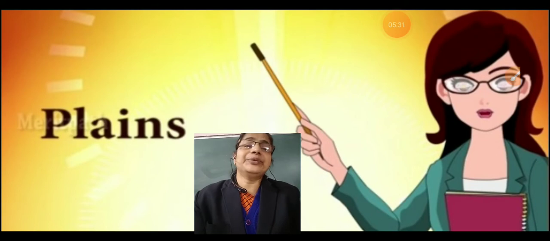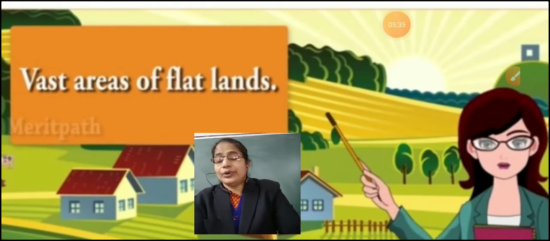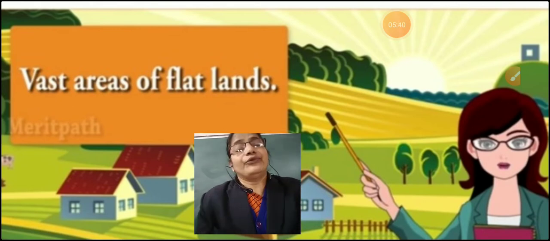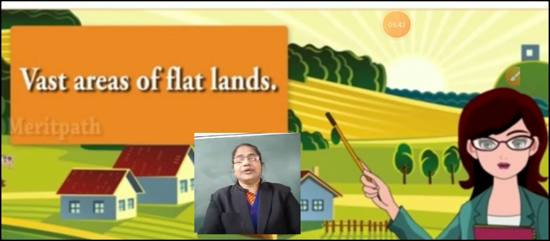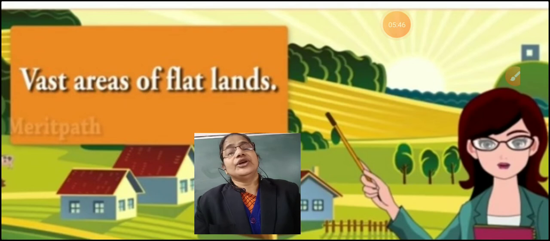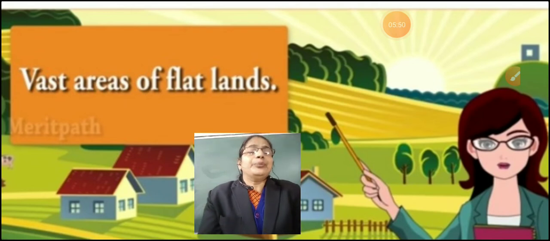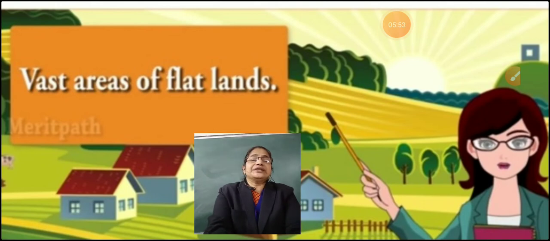First one is plains. Flat land is called a plain, and many rivers flow through the plains, and most of the people live in the plains. Vast areas of flat land. On plain land you can see many houses.